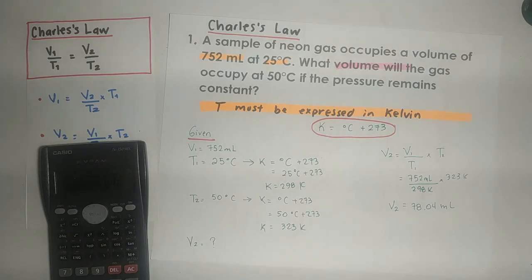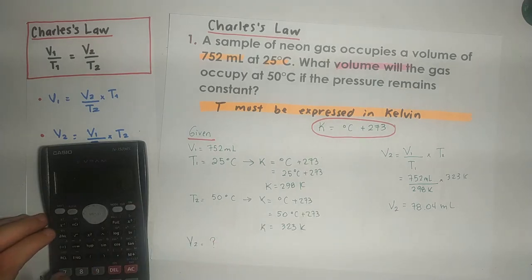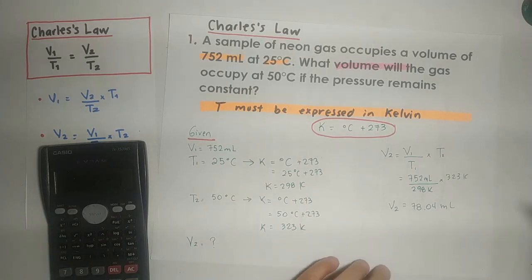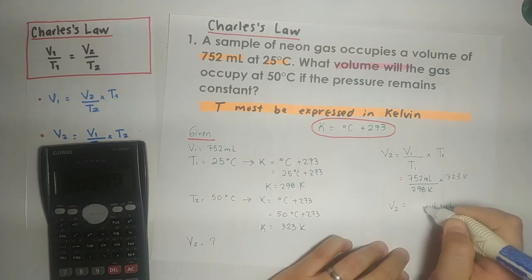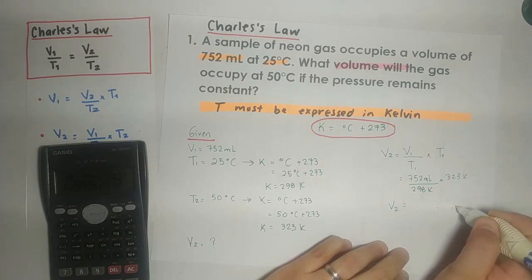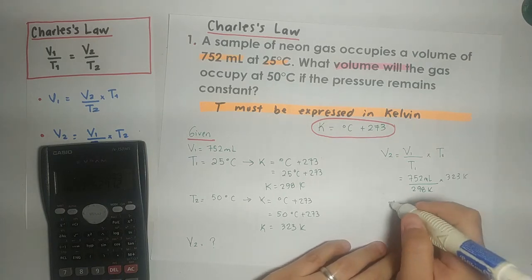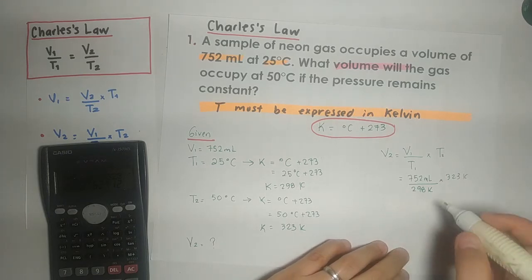Now something is wrong. Let me see here in my calculator. I noticed that my answer didn't make sense, because this is not just about writing a random number. This is about evaluating if what you did was right. So I noticed that my answer didn't make sense.